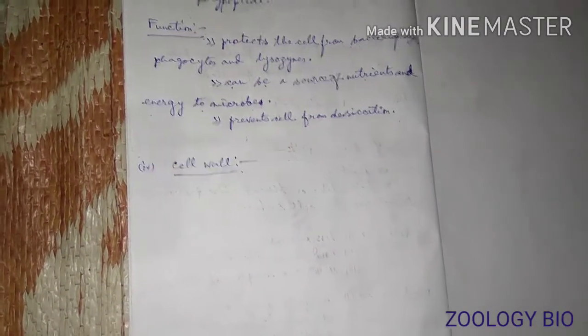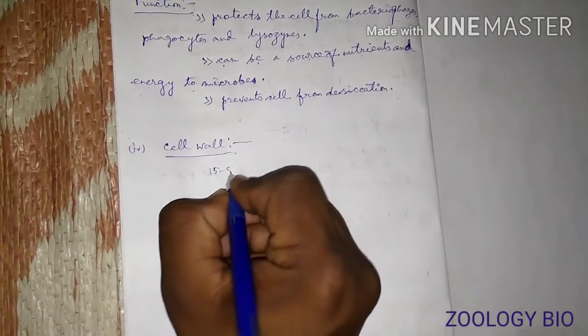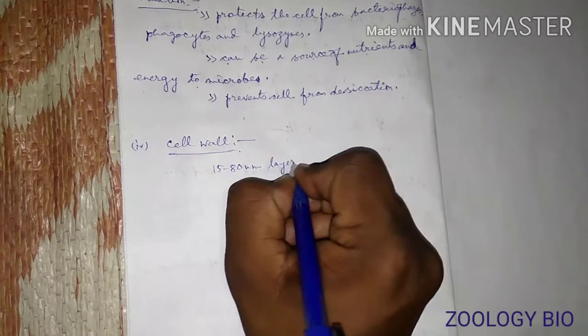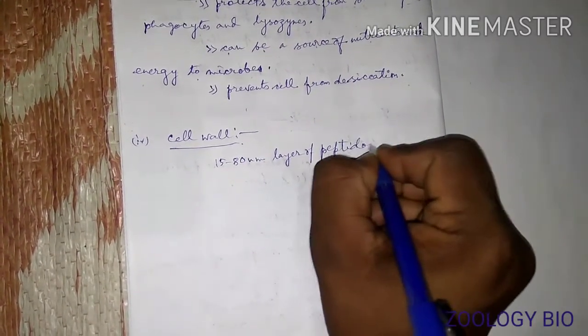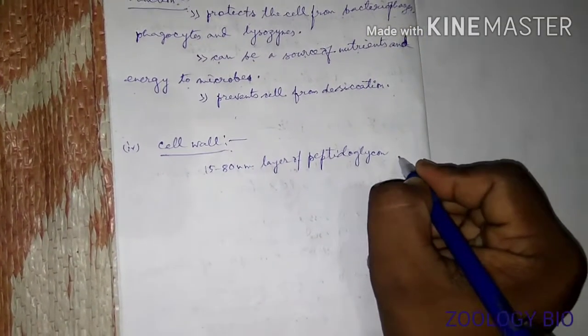So now the next point is the cell wall. Beneath this capsule, there is a cell wall that differs in two classes of bacteria. In one class, the cell wall shows a thick 15 to 18 nanometer layer of peptidoglycan with teichoic acid.